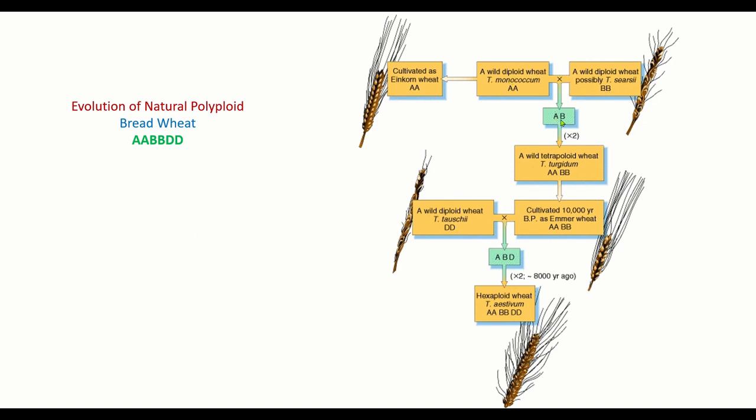When they are crossed, there will be a sterile hybrid AB, and in nature chromosome doubling takes place and a wild tetraploid occurs, called Triticum turgidum, AABB. When Triticum turgidum is cultivated for a long period, say 10,000 years, as emmer wheat, another wild species called Triticum tauschii is crossed with it in nature, forming the ABD sterile hybrid.